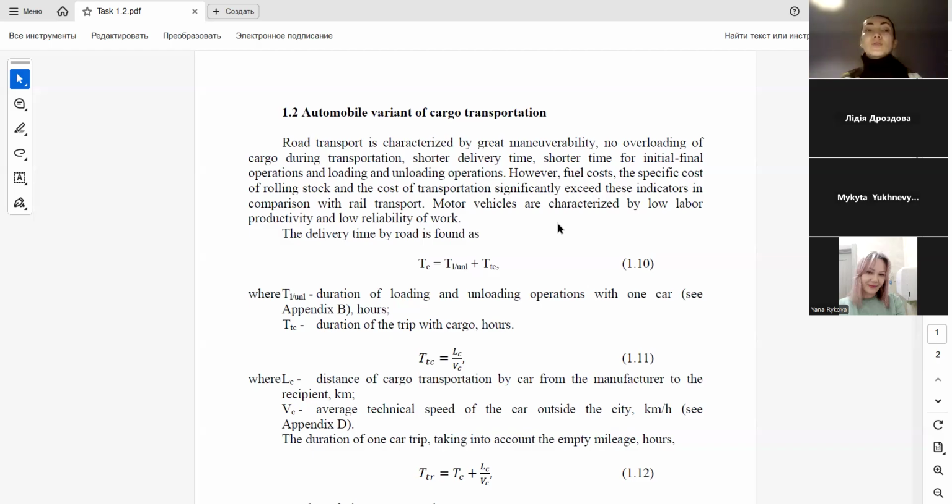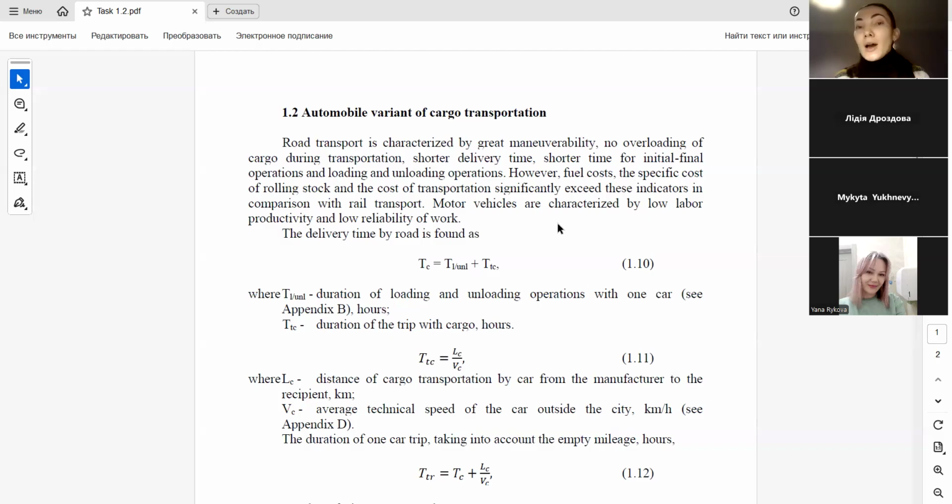It is very important. Road transport is characterized by great maneuverability, so it is a very mobile kind of transport. We could use the technology from door to door, maybe everywhere where it is possible. There is no overloading of cargo during transportation.